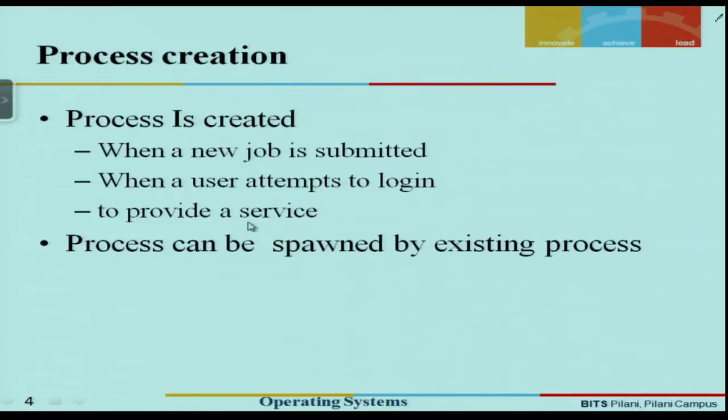These services, reading, printing, etc., are offered as services from the operating system, and to provide these services, the operating system might create a process which will offer them. At times, while a user program is executing, the user process itself can create a new process. So we say that a process can be spawned by an existing executing process.